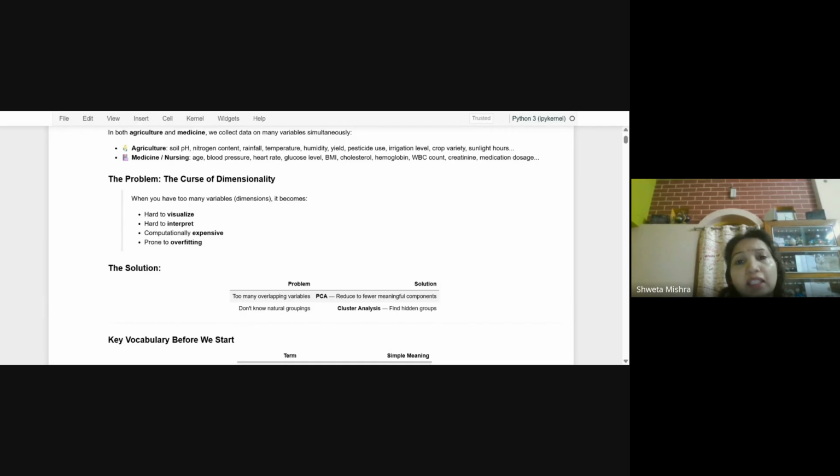For our data, all these are the features or variables we need. And suppose for different fields or different farms, we will have a huge data.